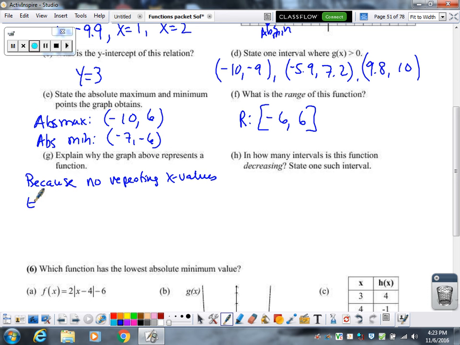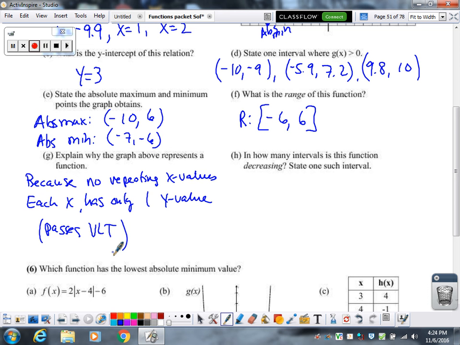Each x has only one y value. And it does pass the vertical line test. So you want to be careful that there are no repeating x values. Each x has only one y value. And that way it is a function because it passes the vertical line test.